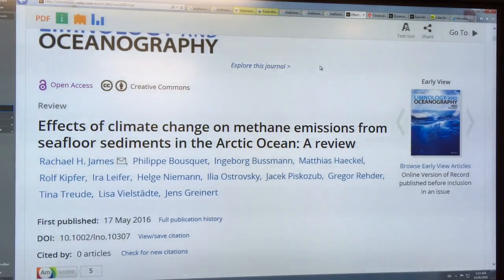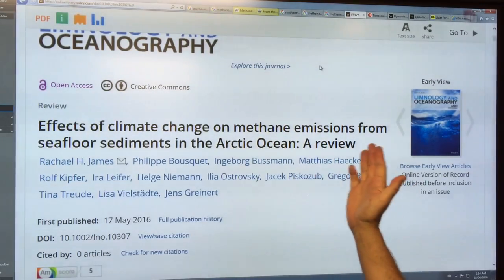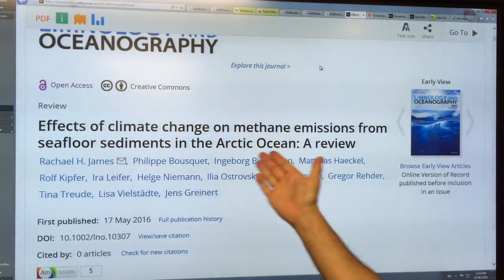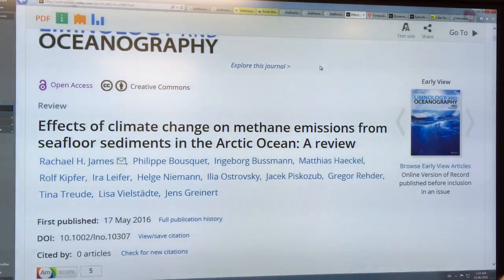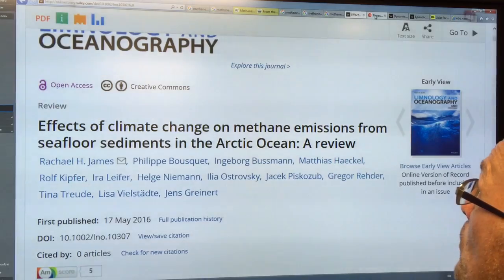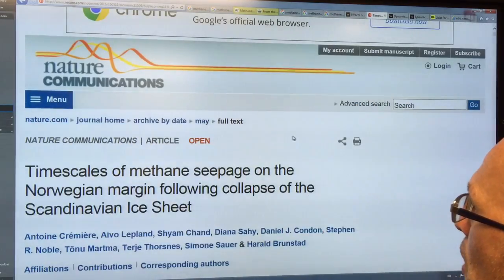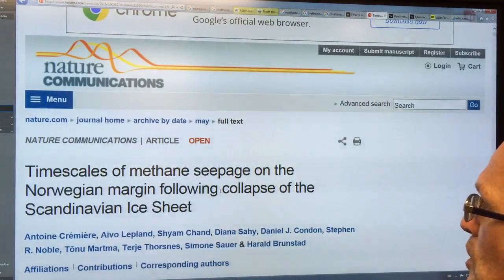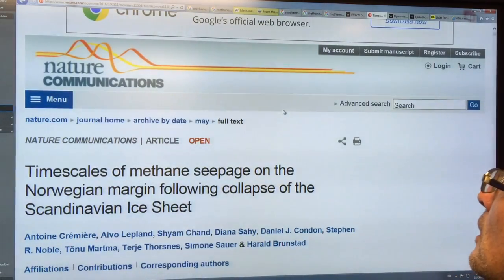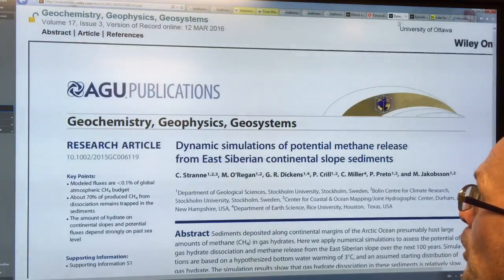Now, there were some very recent papers that have come out that talk about methane emissions, the effect of climate change on methane emissions from seafloor sediments in the Arctic Ocean, a review paper. People are starting to study methane more and more. This paper is on seepage from the Norwegian margin after the ice sheet's left, and the effects on methane.